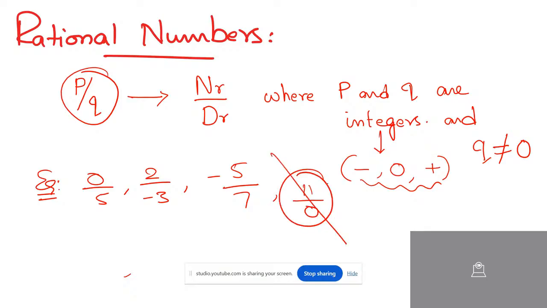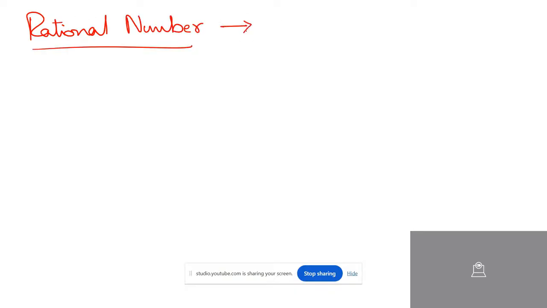This cannot be a rational number. So a rational number is a number in the form p by q, that means a fraction. Understood, my dear students?